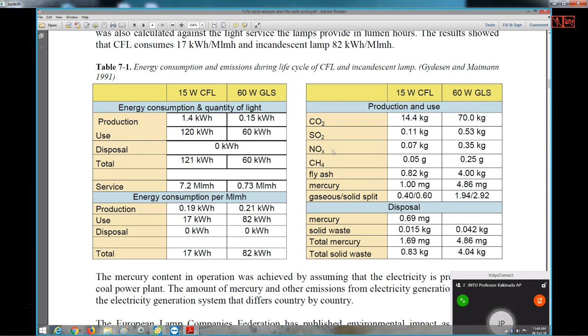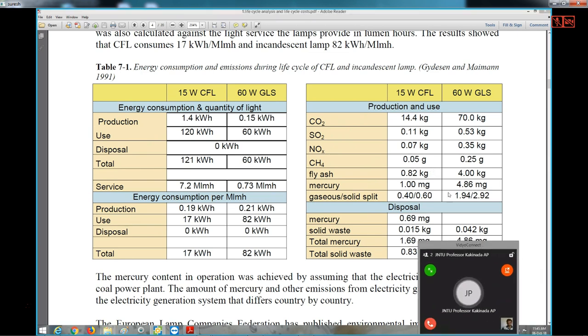Now NOx, nitrous related issues, is 0.07 kgs and this is 0.35 kgs. CH4 is 0.05 grams and this is 0.25 grams of methane. The fly ash is 0.82 kgs and this is 4.00 kgs.